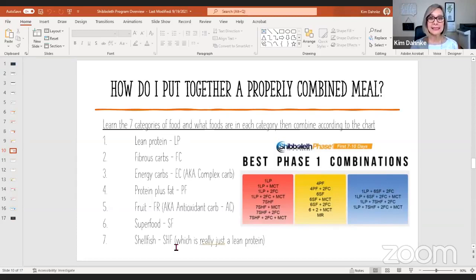Out of these 7, there are 5 categories that can be eaten alone. Number 1, number 2, number 4, number 6, and number 7 can all be eaten alone. The reason that it's important to know that is because not every eating situation you have is going to be optimal.